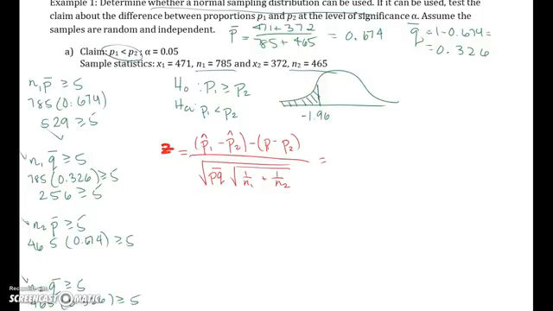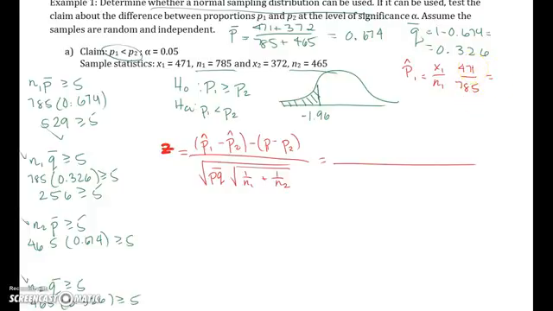And now I need to find that wonderful critical Z. Your formula for the test statistic Z is given up top. You highlighted it a couple times, but I've written it here so that we can see where we're plugging things in. Let's find out some things. I need to know what the P hat for 1 is. We had a formula: P hat 1 is equal to X1 over N1. Our X1 is 471 divided by N1, which is 785.